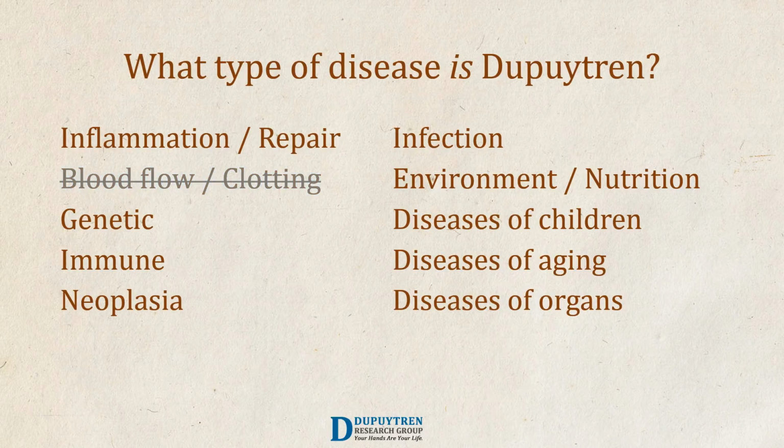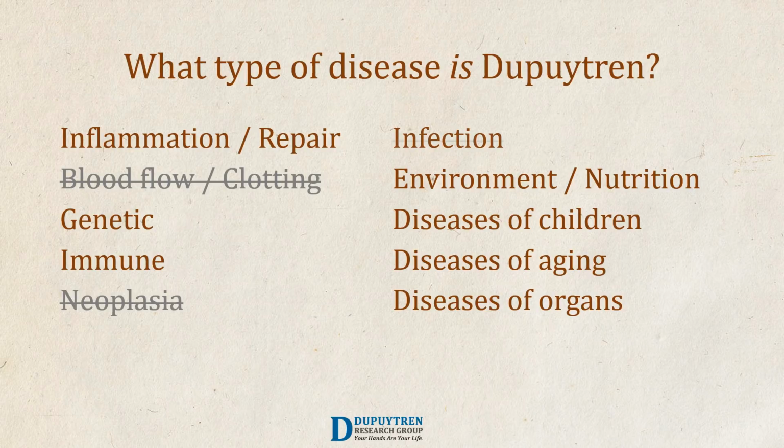There's no evidence that it's a circulation problem or a blood clotting factor. There are some genetic aspects to it. The immune system is involved in ways that still are not well characterized. It's not a cancer. It's not a neoplasia. It's not a benign tumor that's growing independently just on its own. It is a reactive process that is more of a response to a trigger than an independent growth.